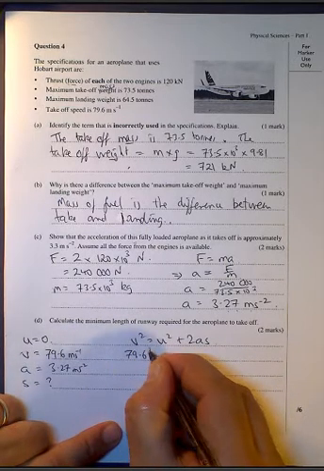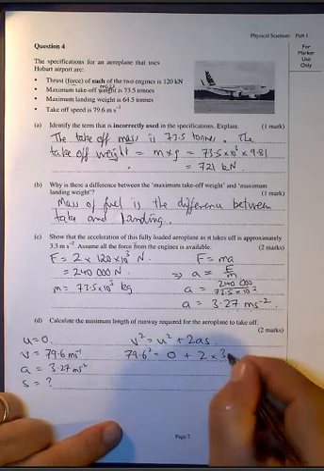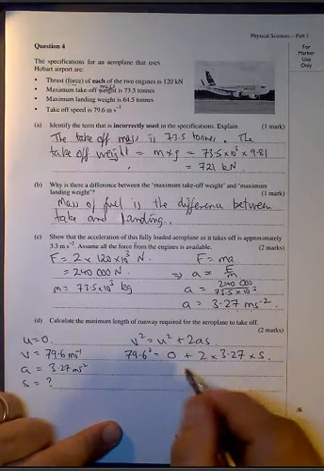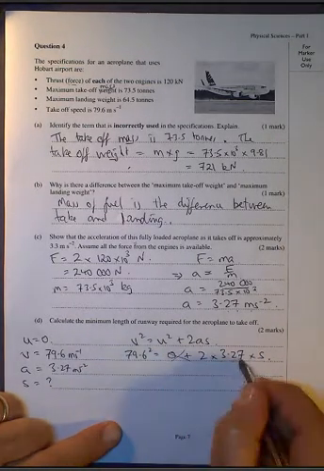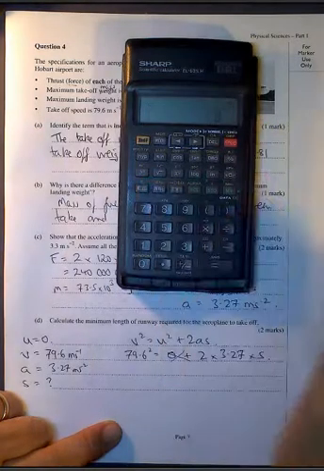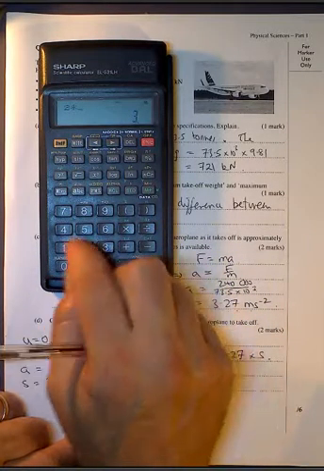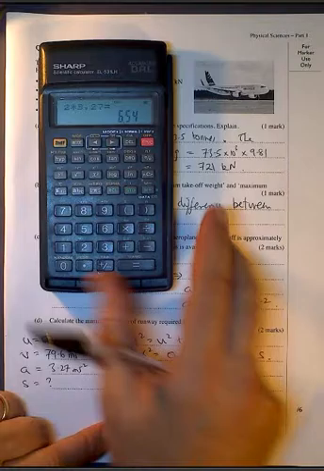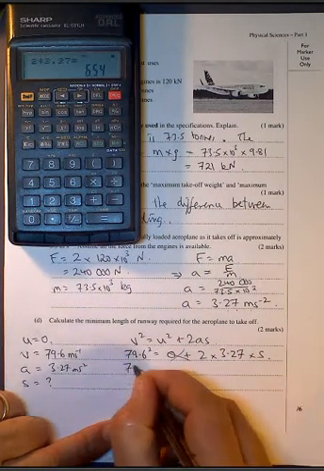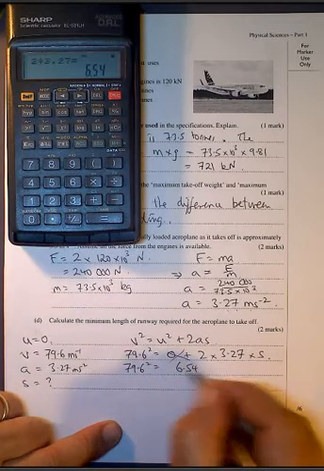So we have here 79.6 squared equals 0 plus 2 multiplied by 3.27 times s. 2 multiplied by 3.27 equals 6.54. So 79.6 squared equals 6.54 times s.